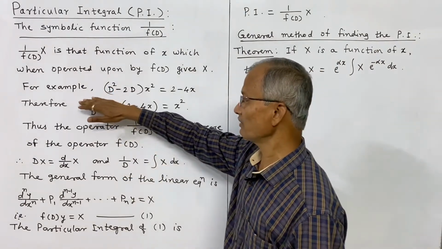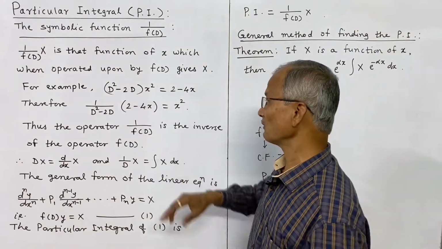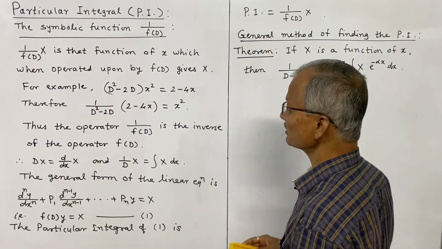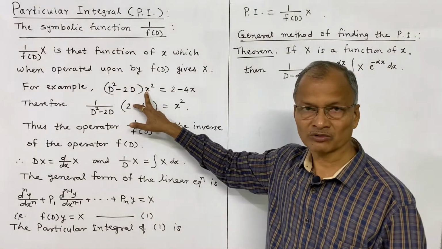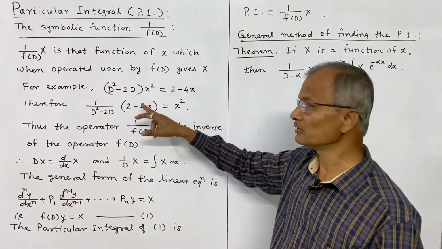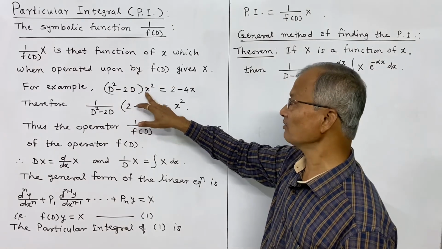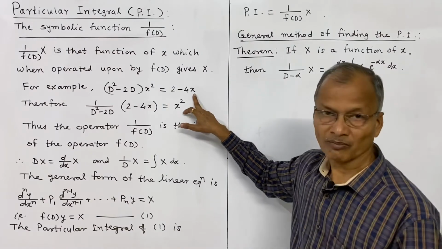For example, we have D squared minus 2D operated on x squared is 2 minus 4x. How is it? The second order derivative of x squared: the first order derivative is 2x and then its derivative is 2, so it is 2, minus 2 times the derivative of x squared. The derivative of x squared is 2x, so minus 2 into 2x is minus 4x.